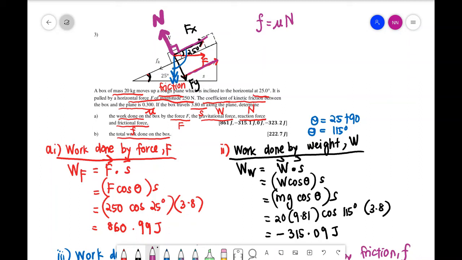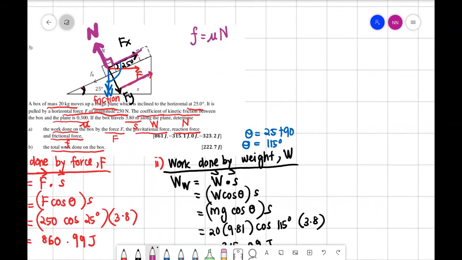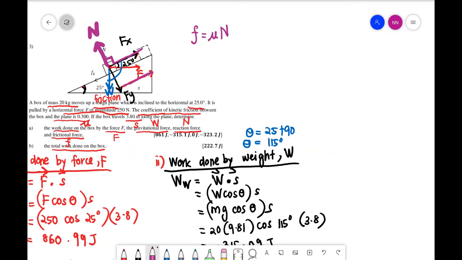So we have to find the value of normal. Normal is at the y component. So from the y component, let us draw the free body diagram. This is the weight vertically downward, and then this is weight y, weight cos theta, and this is weight x, weight sin theta, and then this is the frictional force, and this is the normal force.